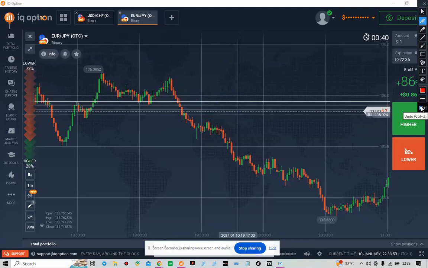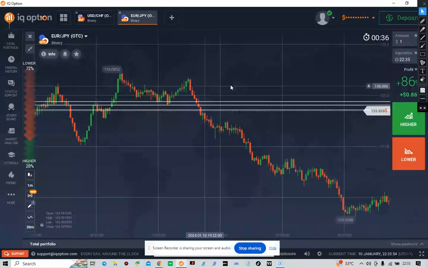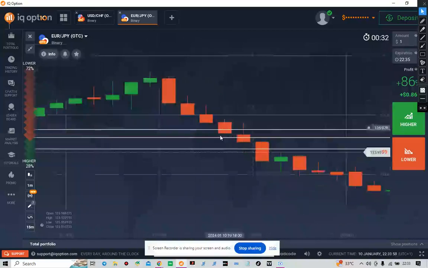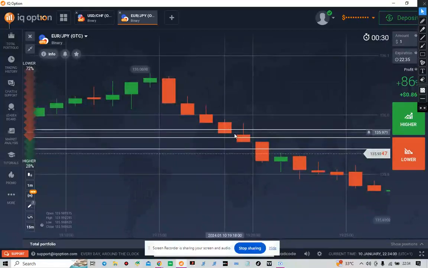Always wait for confirmation. Okay, confirmation can be a candlestick pattern. Okay, this is not a candlestick pattern, no rejection. So you can't easily go with buyers. If there's a rejection, and this also is a candlestick pattern, you can go with buyers on the next candle. Okay. What I mean is that if this type of candle closes something like this, then the next candle should reverse to the upside.